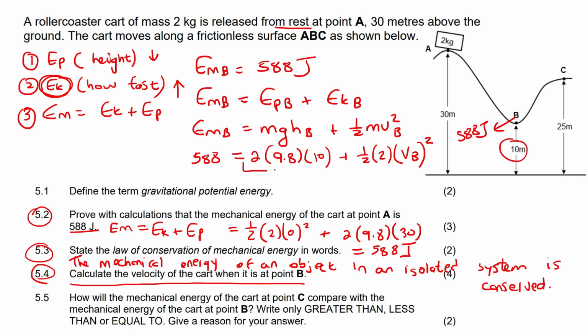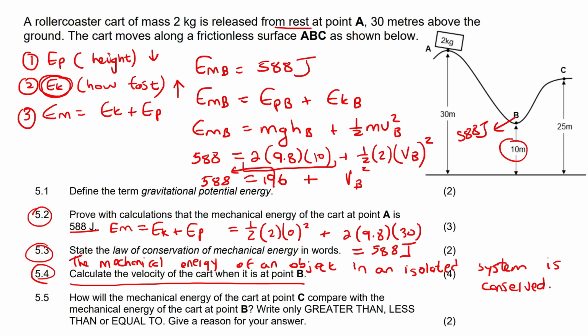And so you can type this on your calculator, and you get 196. So we can say 588 equals 196 plus. Now this part here you can type on your calculator, half multiplied by 2, that's 1. And I don't need to put a 1 there, you can just leave it out. We know that there's a 1 there. So now we just solve. We take the 196 to the left.